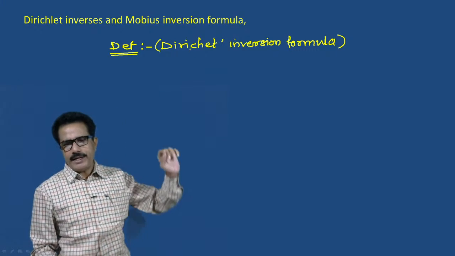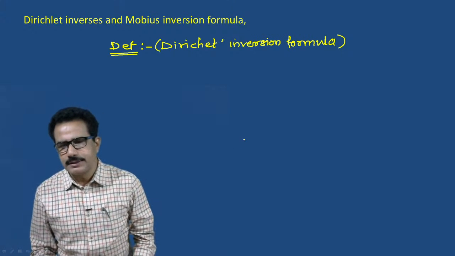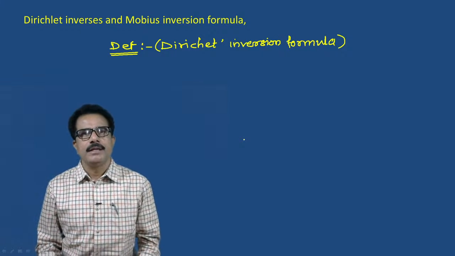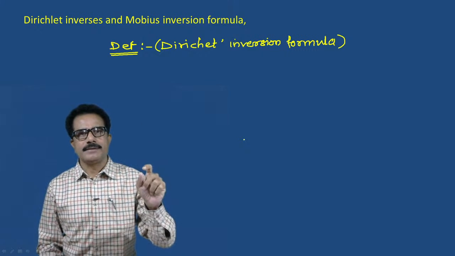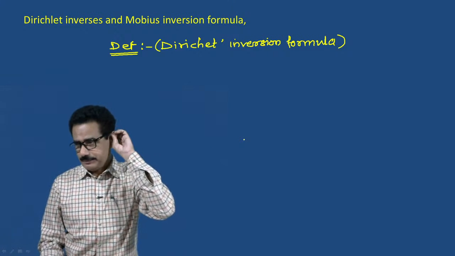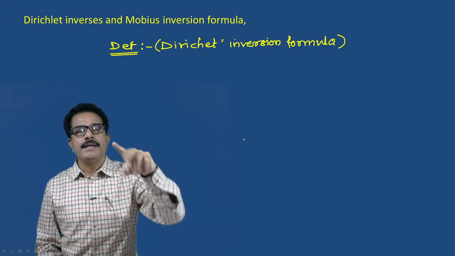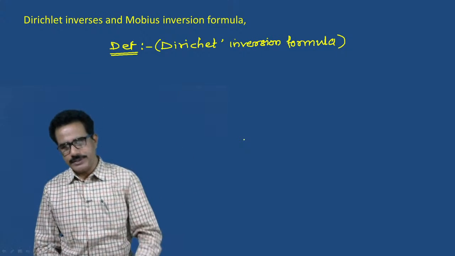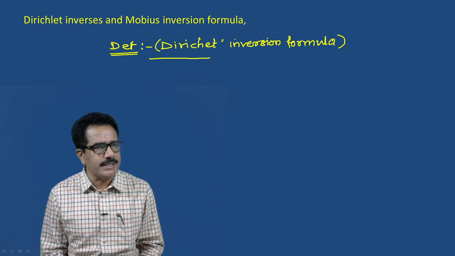We know that according to the definition of inverse, if f and g are two functions such that f into g is equal to I, the identity function, then we can say that g is the inverse of f and f is the inverse of g.